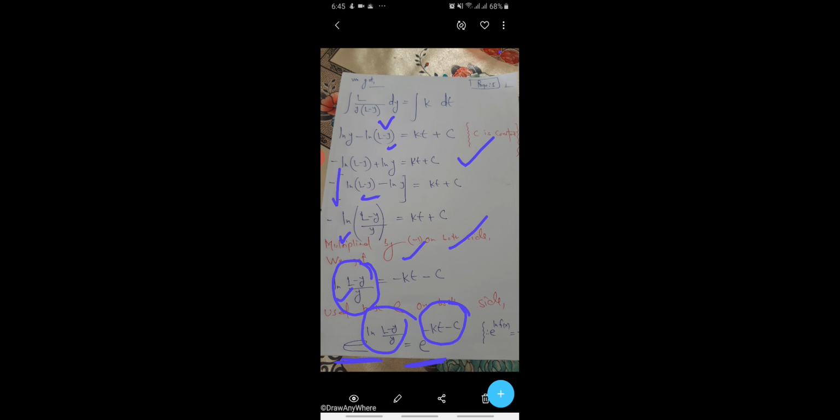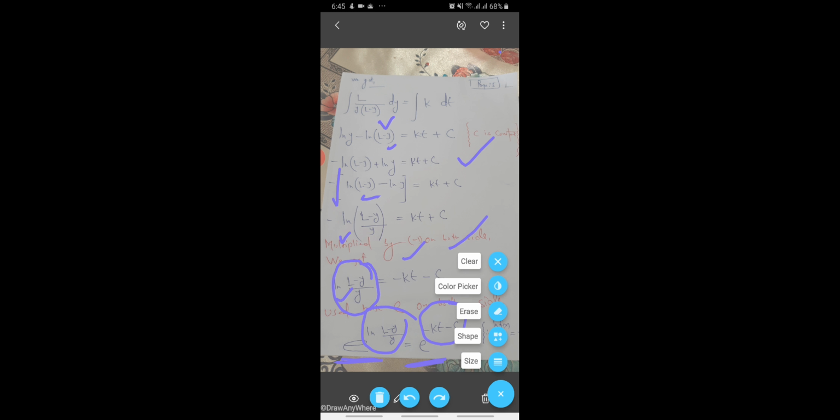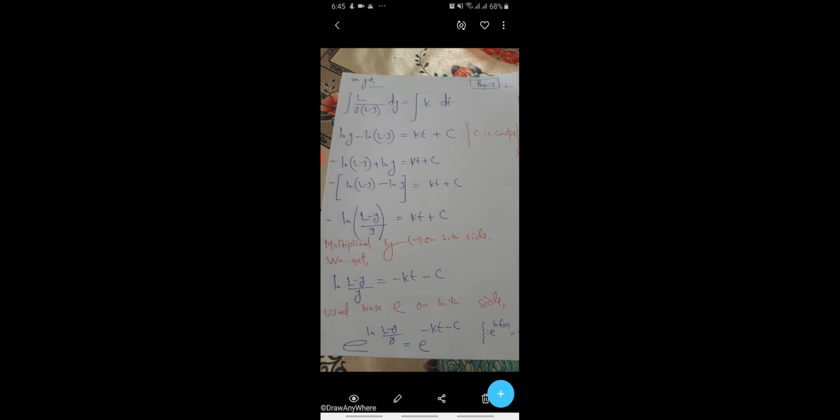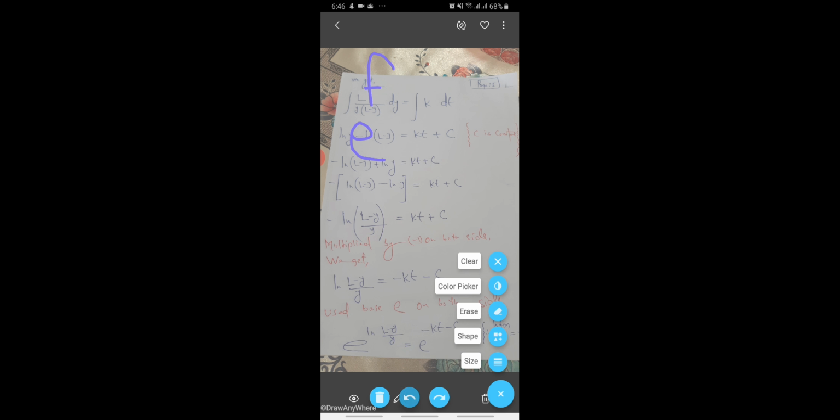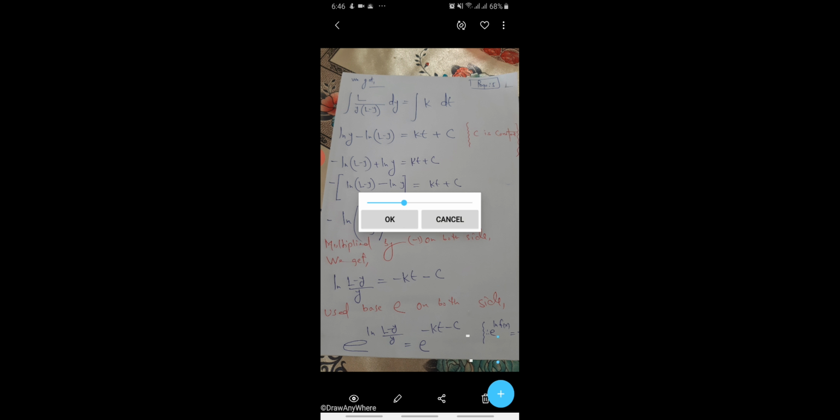And I told you a very important formula: if you have e and here is ln x, e to the power ln x, the answer will always be x.